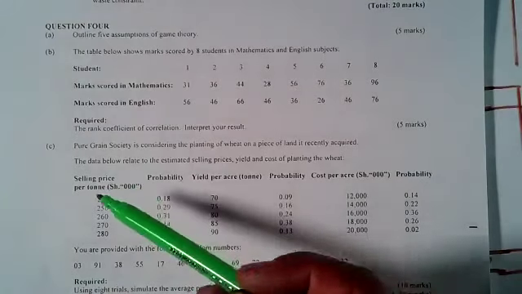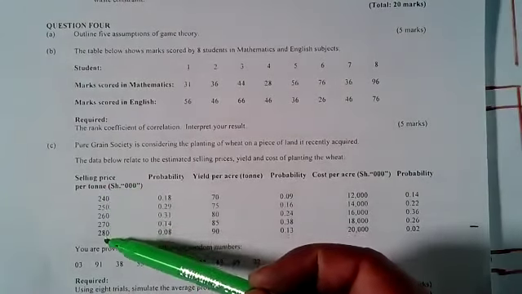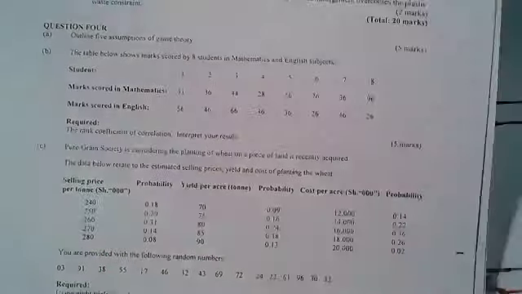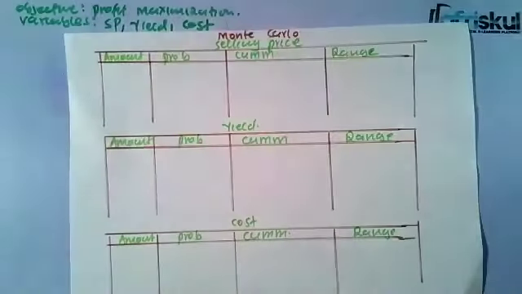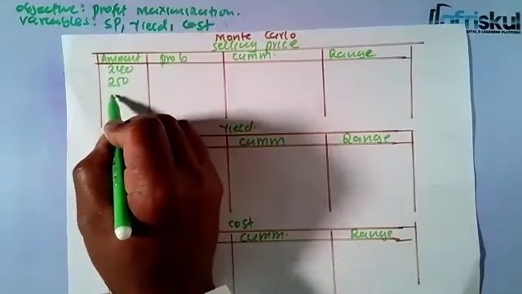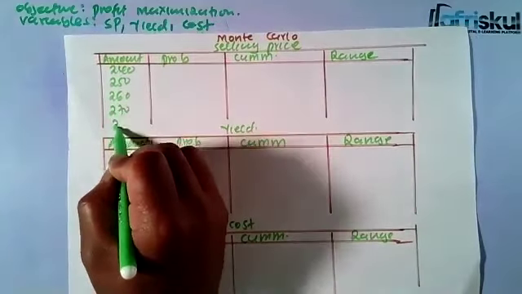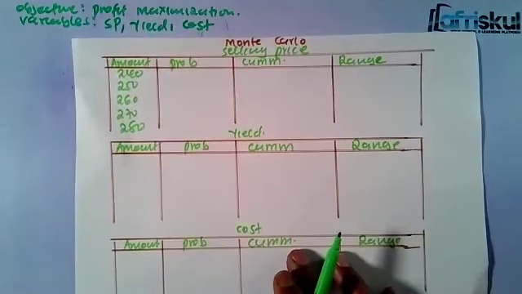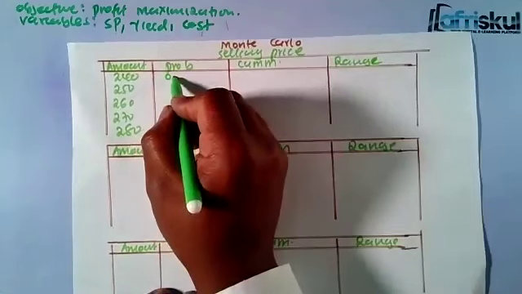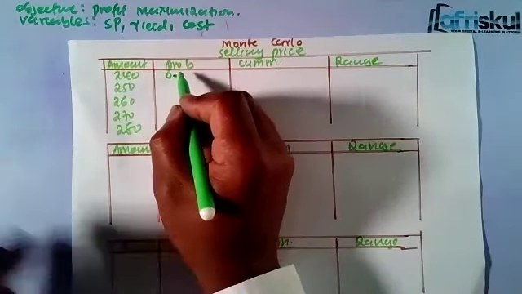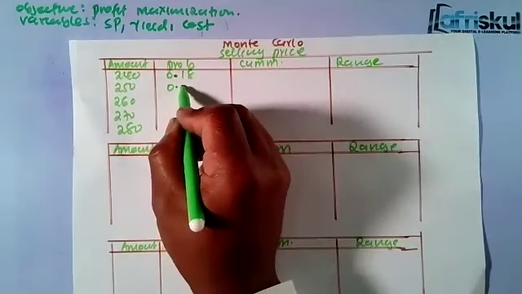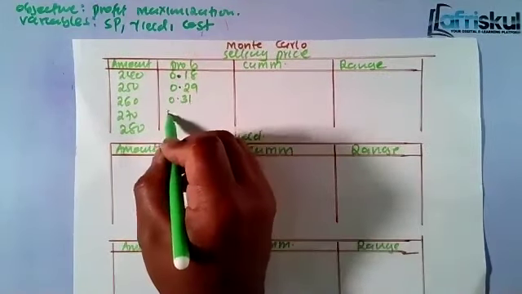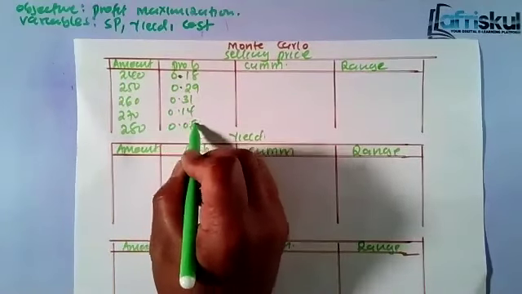The selling price, we have 240, 250, 260, 270, 280, and we are given the probability: 0.18, 0.18, 0.29, 0.31, 0.14, 0.08.